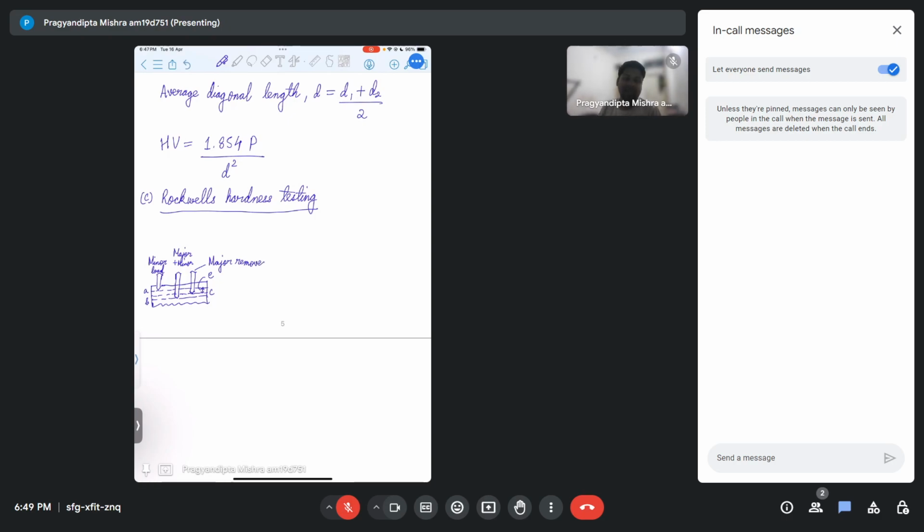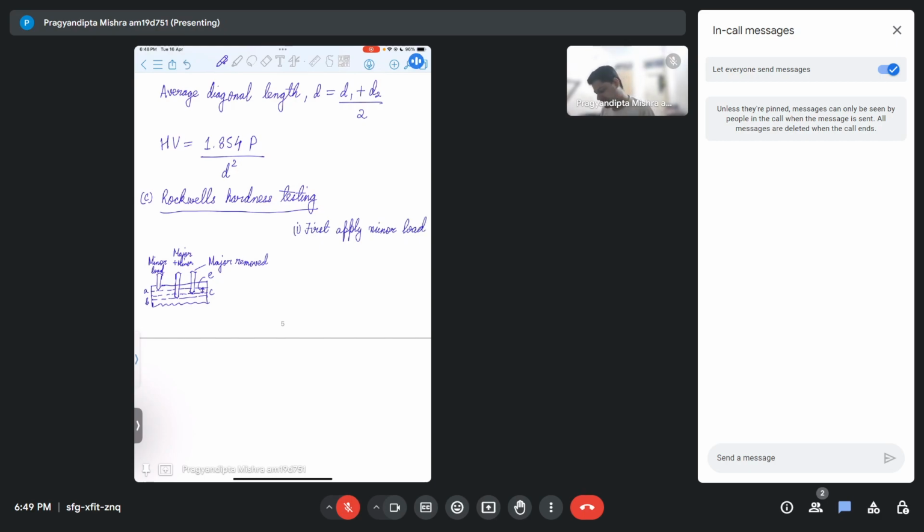Finally, the depth of the indent is measured at the first minor load and the final minor load. So using that we can find the hardness.